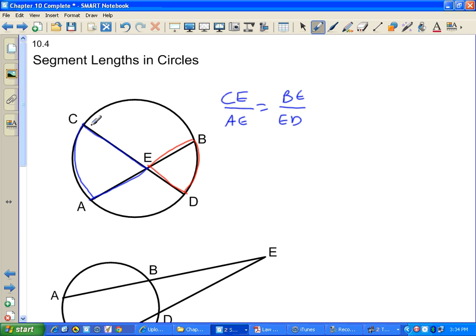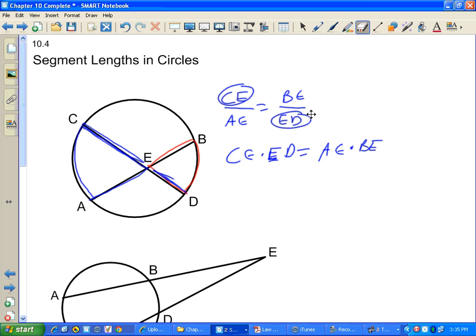Now we cross multiply, what we end up doing is multiplying CE and ED. That's this and this. The two pieces of the chord are going to get multiplied together. So CE times ED would equal AE times BE.